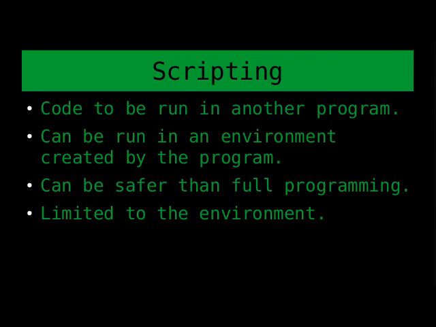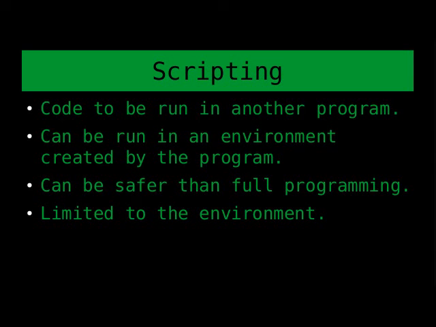So scripting is actually code to be run in another program. Usually scripts are not compiled. Usually they're run in their text form and they're just interpreted on the fly. They can be run in an environment created by the program.